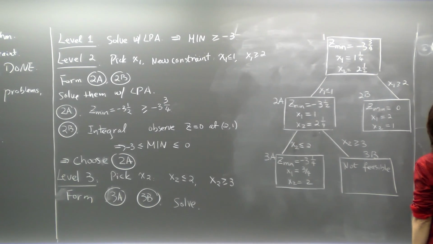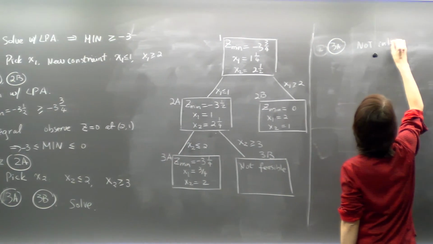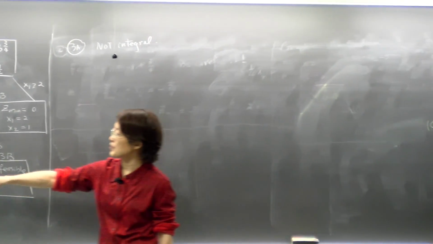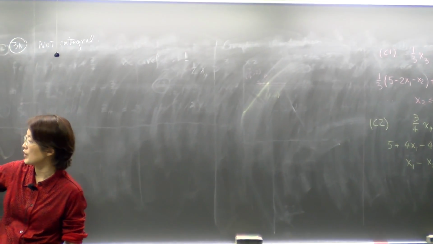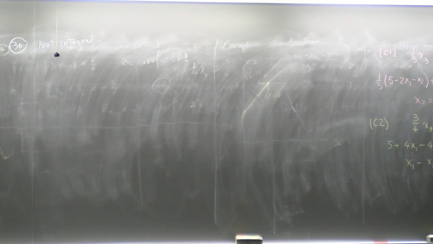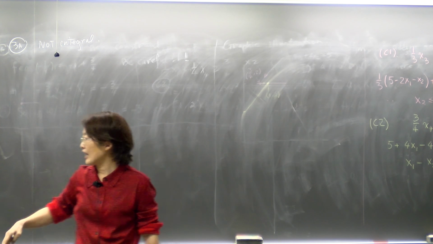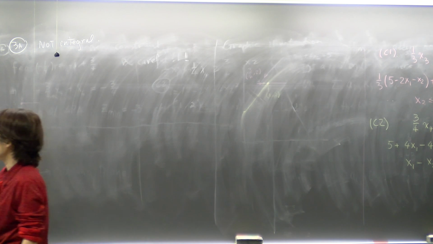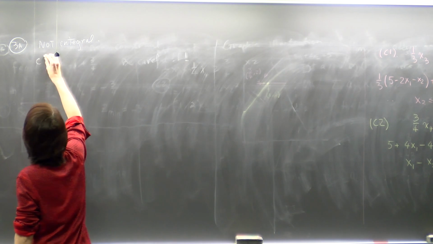This is not integral. I have the minimum solution, which is negative 3 and 1/4, and I know my final answer has to be between negative 3 and 0. That's not there, right? And 3b is not feasible. I cannot continue from here. So I will choose 3a to continue.